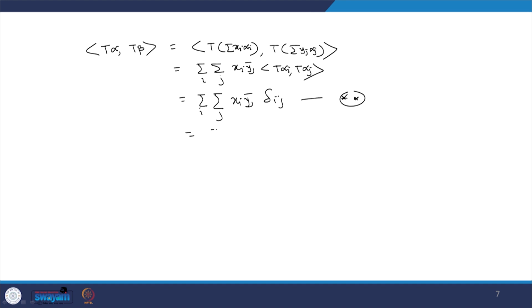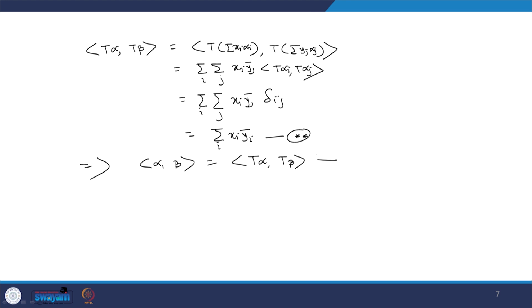So, this is equal to simply sigma over i of xi yi bar. So, this implies inner product of alpha beta equals inner product of T alpha T beta. So, 4 implies 1.